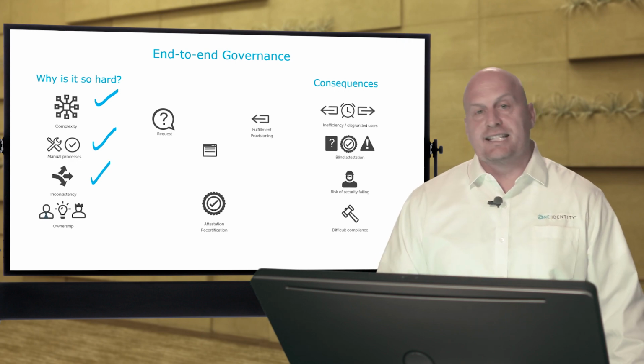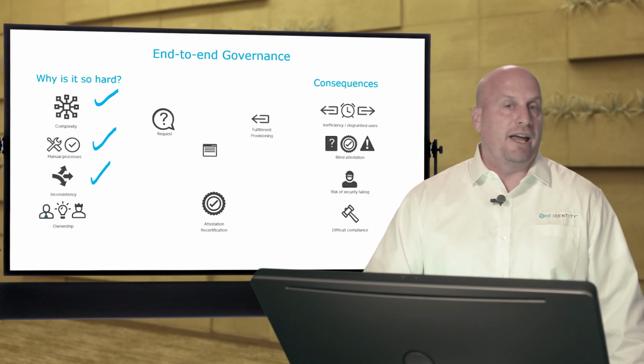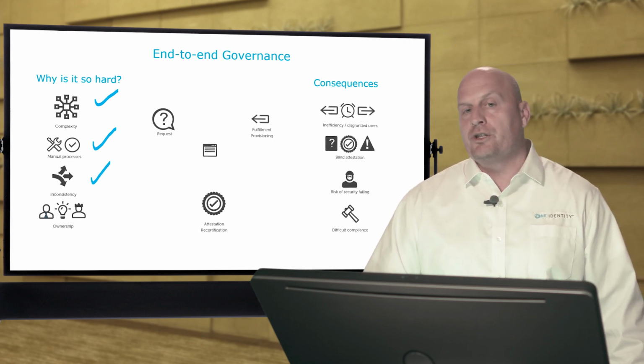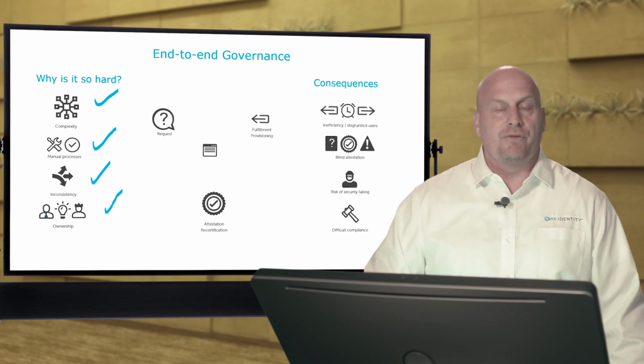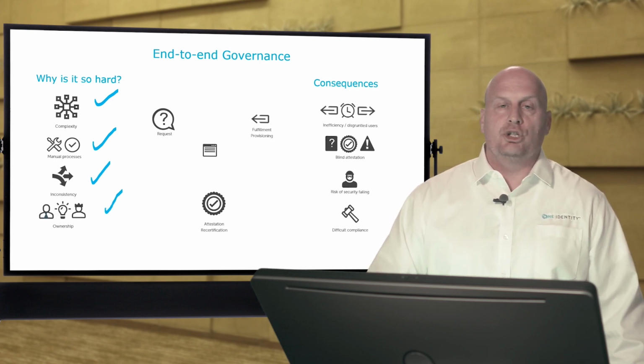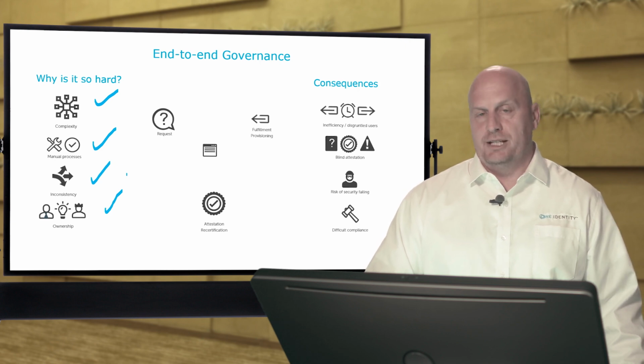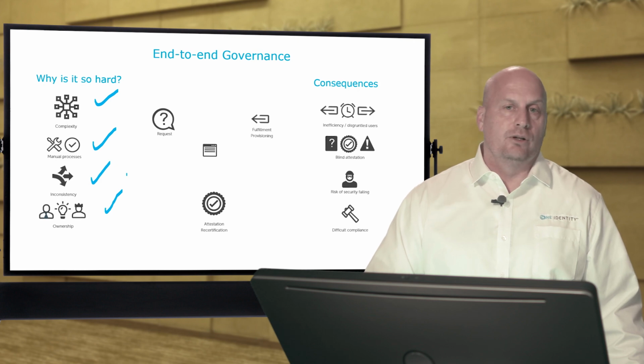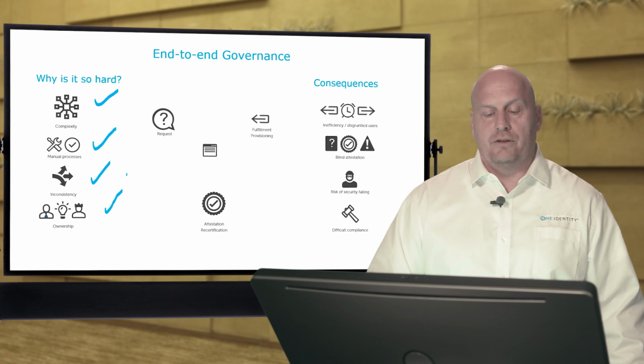That means you've got inconsistency. You've got some areas that happen well, you've got other areas that don't happen well. And finally, you have the question of ownership. Who actually knows the information and can do the work to set up these accounts? Usually it's IT. But who knows how it should happen or why it should happen? That would be the line of business. It's a little bit of a conflict there.